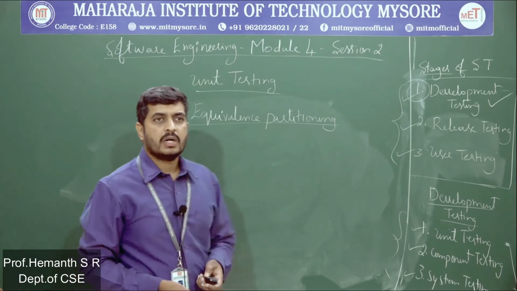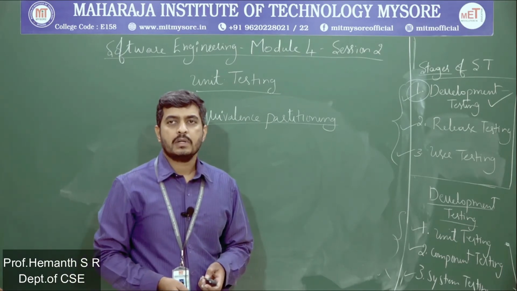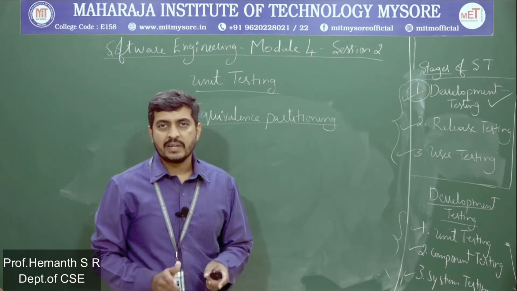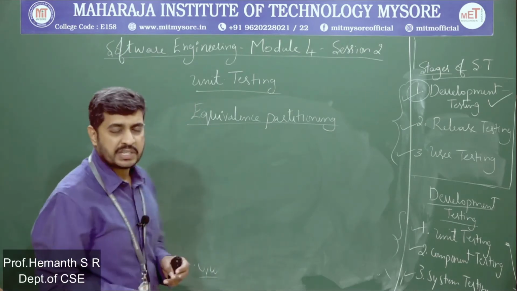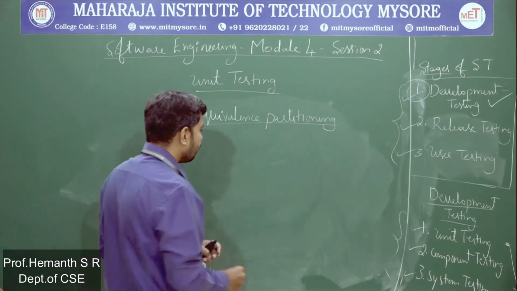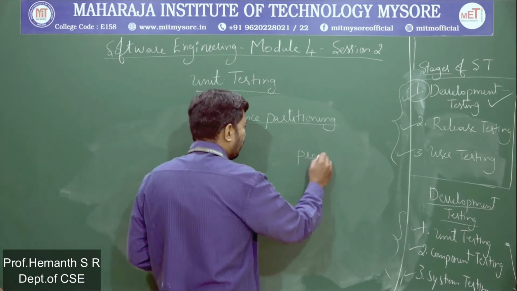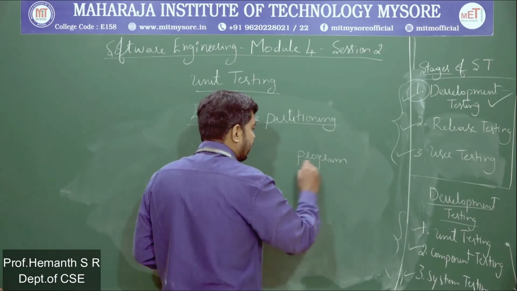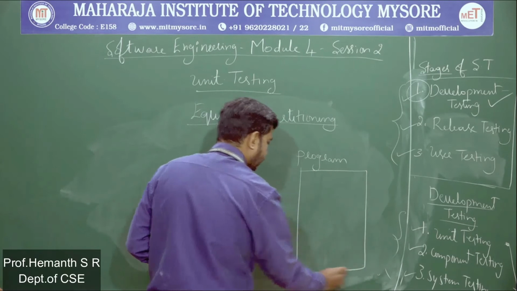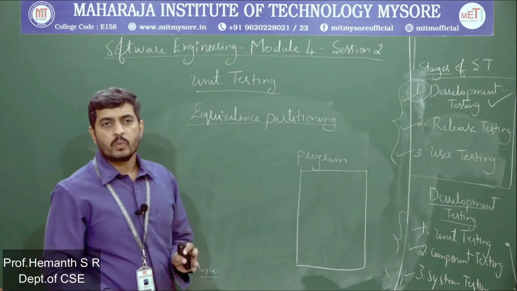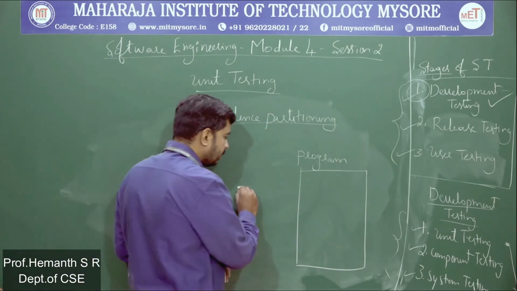I'll take a typical example which will give clarity with respect to what exactly equivalence partitioning is. Now assume I have a program, a small unit as explained. This program will take a number.